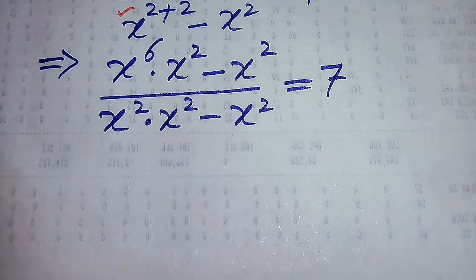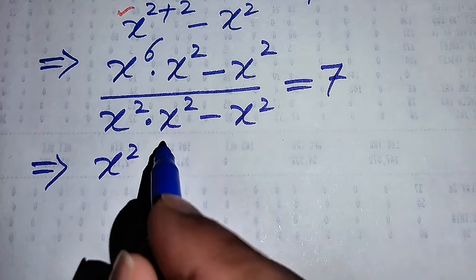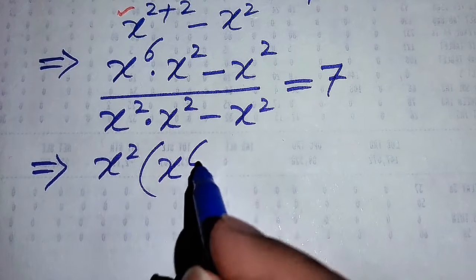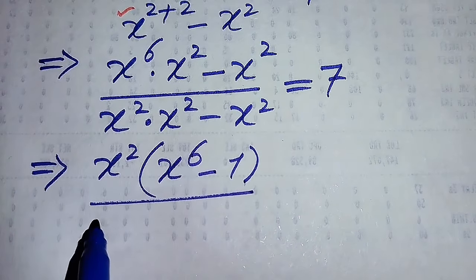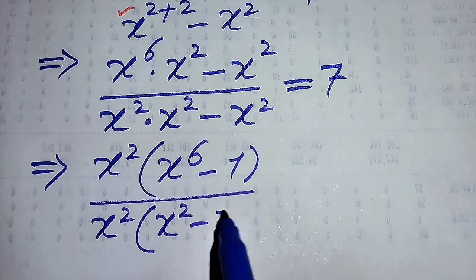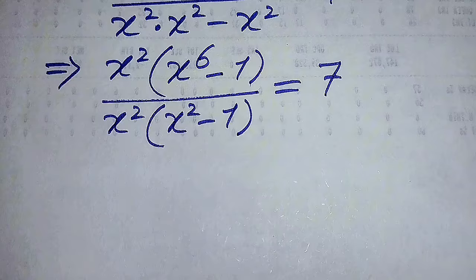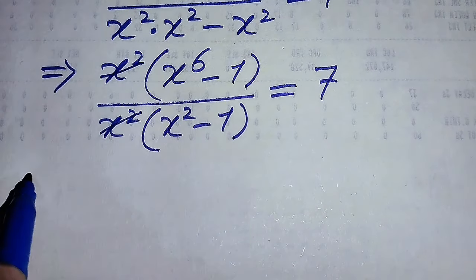In the next step we need to take common x square, and when you take common x square we get the remaining values: x to the power of 6 minus 1, divided by x square minus 1 is equal to 7.